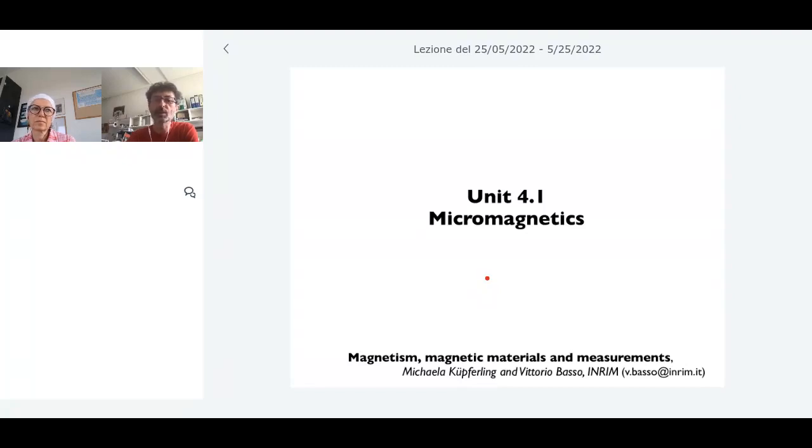We don't want to see the discrete nature of materials, but we describe them as a continuum. This is really a good choice to make, because then we can describe a lot of things in terms of fields, exactly in the same way we do with Maxwell equations. So continuous fields, and it's clear that the field that we need to describe is the magnetization field.